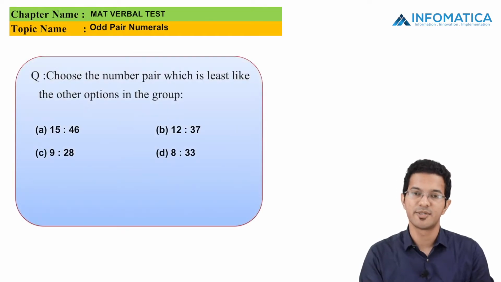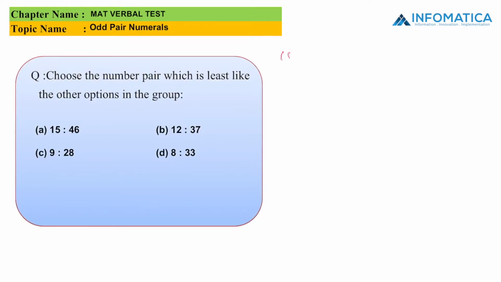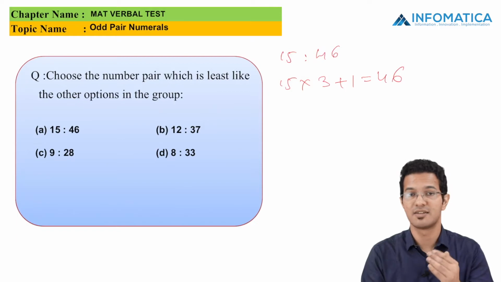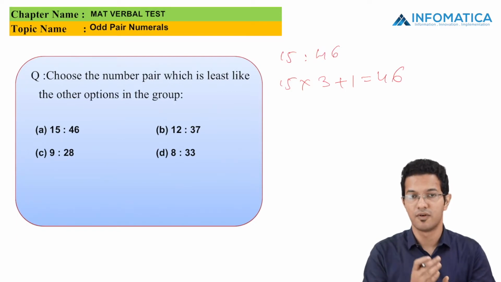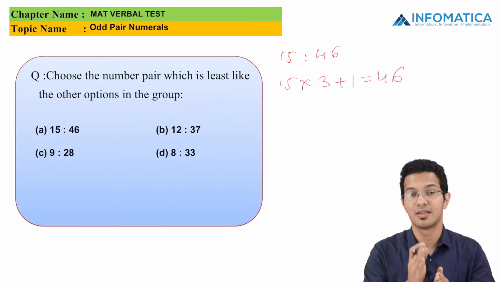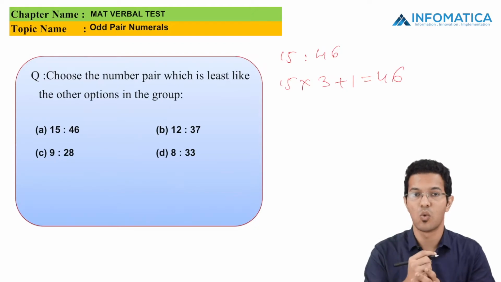Let us look at the next MCQ, which is 15 is to 46. So if you had seen the previous slide, we had seen that we had a specific pattern, which was first number multiplied by 2 plus 1, which is giving you the second number. In this question, again, we are following a similar pattern, which is first number multiplied by 3 plus 1.